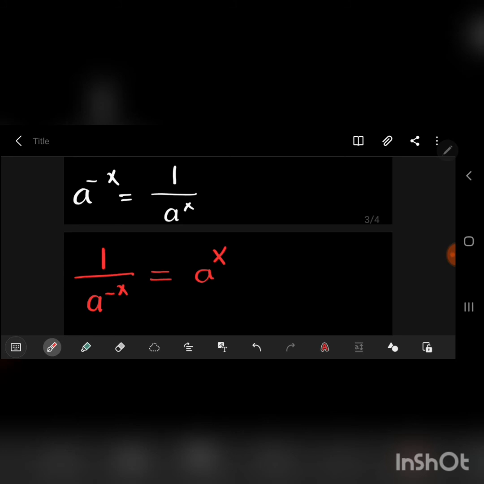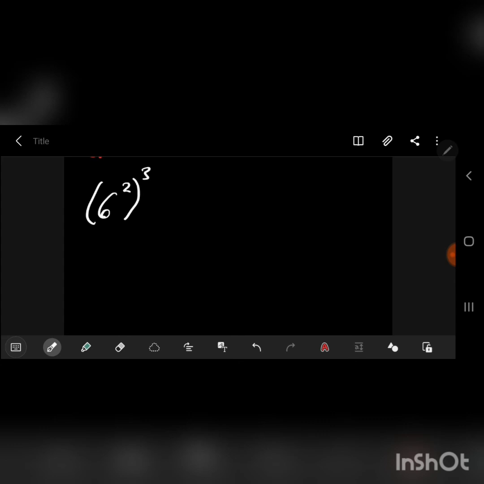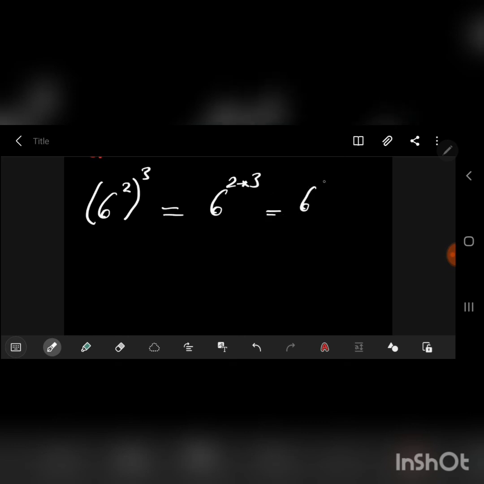I gave them to you before, so I will give you examples for these rules, like 6 to the power 2, all to the power 3. If a base has two powers, I multiply the powers. So 6 to the power 2 multiplied by 3, which is 6 to the power 6.